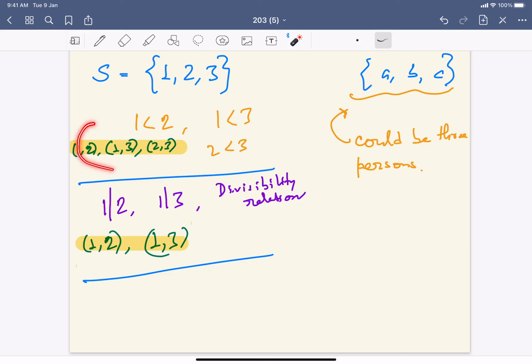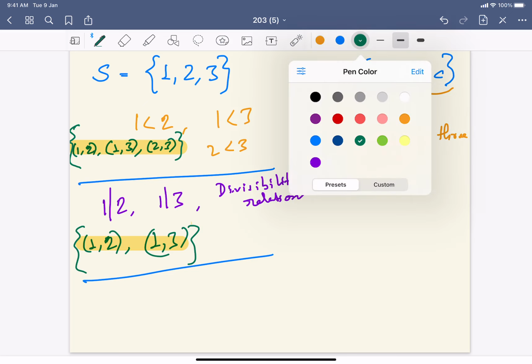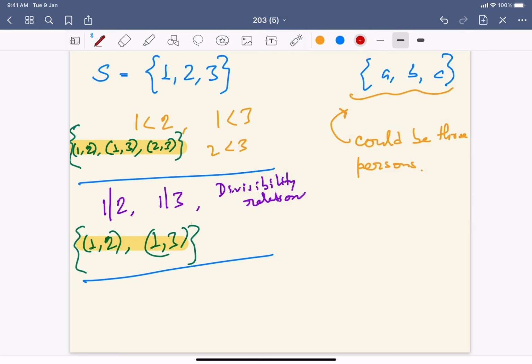So what is this? This is a bunch of few tuples, and usually when we deal with several things, we just form a set using them. So what we do is just consider this set. Note that this is a subset of S cross S, right? And this is also a subset of S cross S.